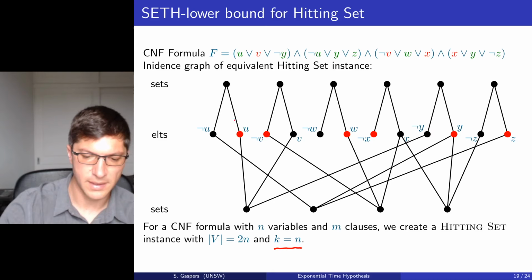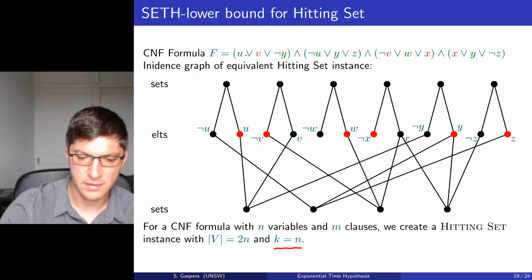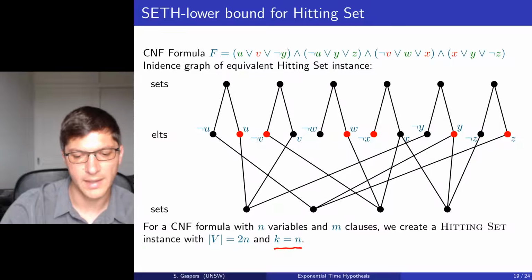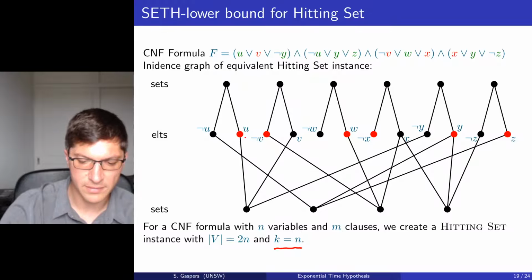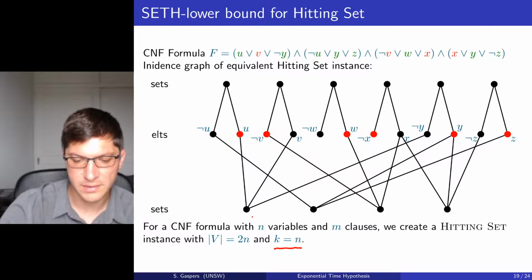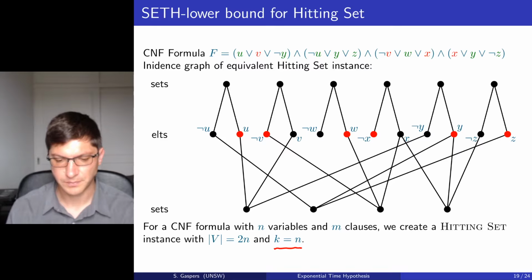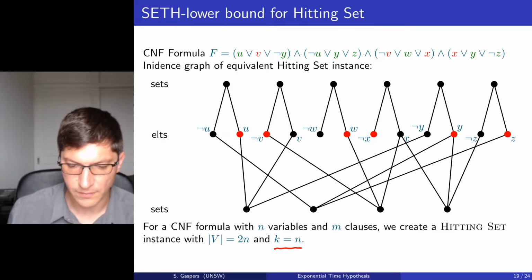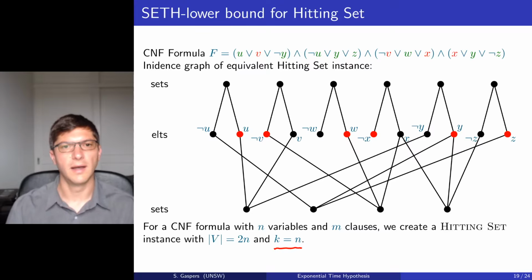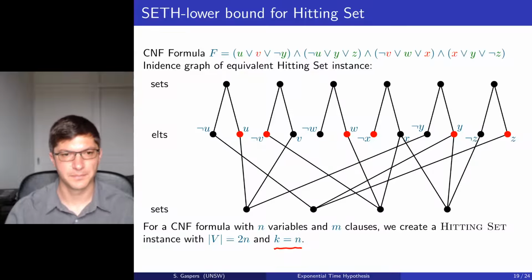And you can see now that, well, if this clause is satisfied, then we have at least one literal that's set to 1 in the assignment, meaning that we have at least one element that hits this set that we added. Okay, and you can see in this way that a satisfying assignment for the formula corresponds to a hitting set of this instance and vice versa.